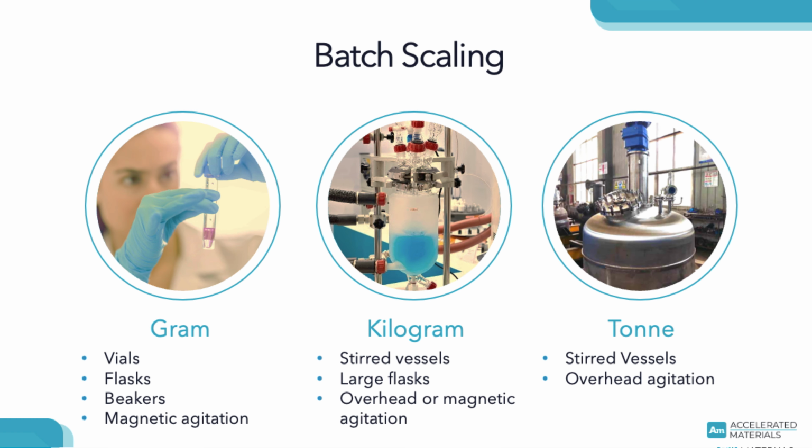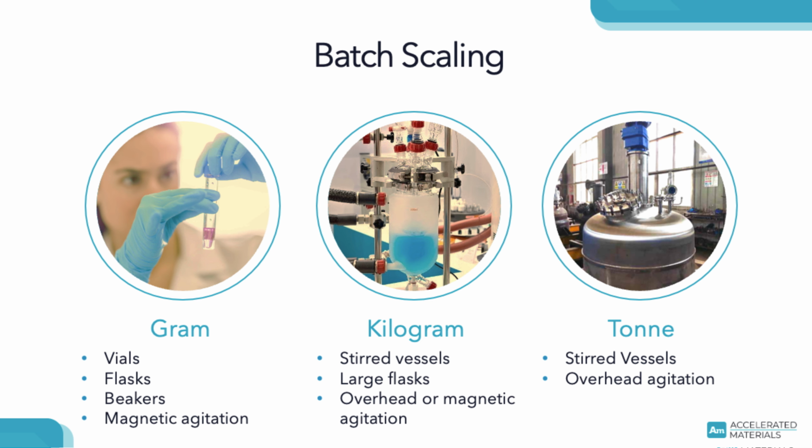So the traditional way to look at bottom-up is through batch scaling. You might experience this at the gram scale through devices like vials, flasks, and beakers, which all have some sort of magnetic agitation, which translates to the kilogram scale into stirred vessels and large flasks. These are also powered by, let's say, overhead or magnetic agitation.